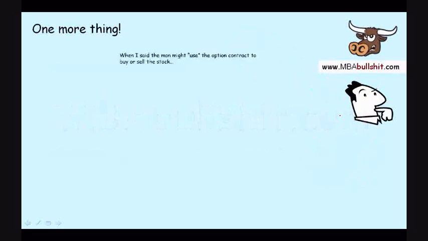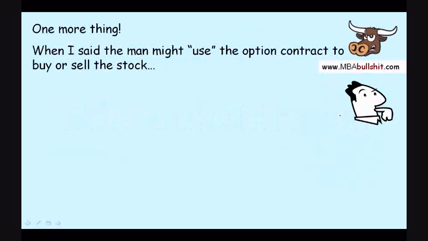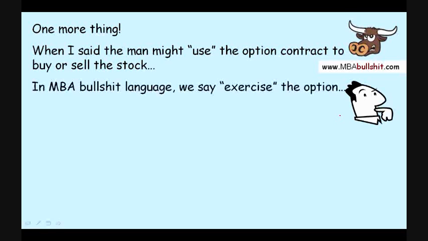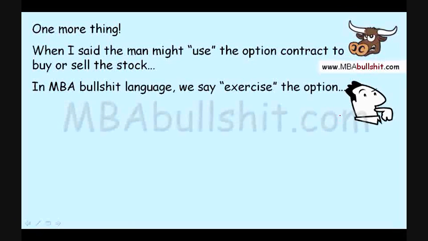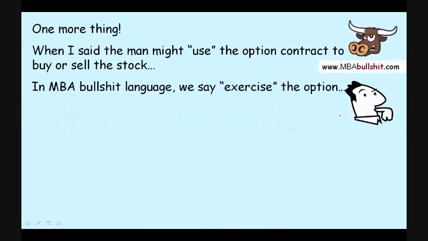And another thing, when I said that the man might use the options contract to buy or sell the stock, in MBA bullshit language, we say exercise the option. We say exercise the option. So if an MBA bullshitter says, "Oh, I exercised my options," and he sounds so intelligent with all that bullshit, he's just saying that he used the options contract to buy a share of stock or to sell it, depending on what kind of option it is, and more on that later.